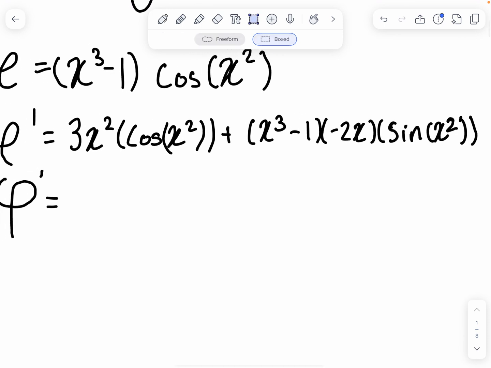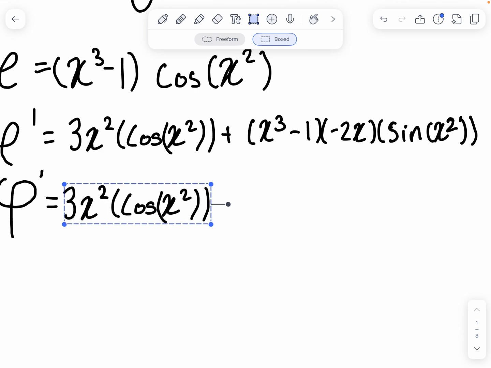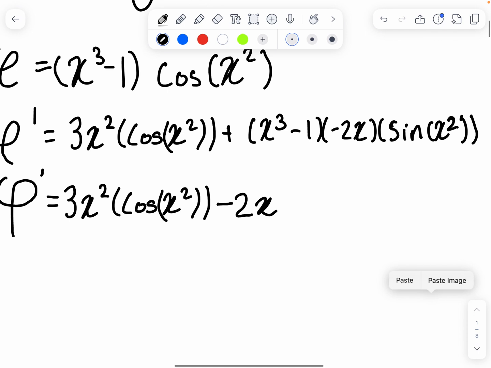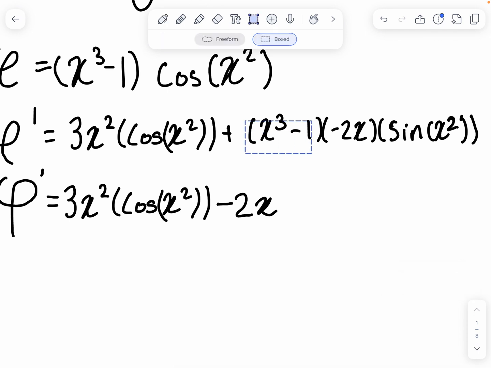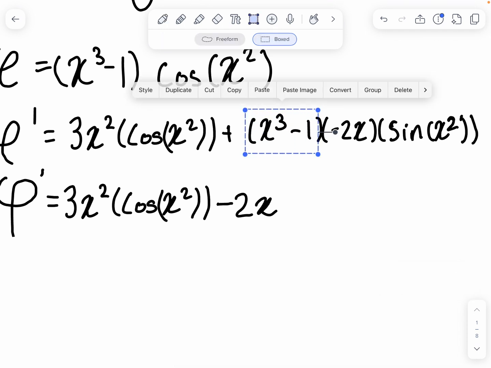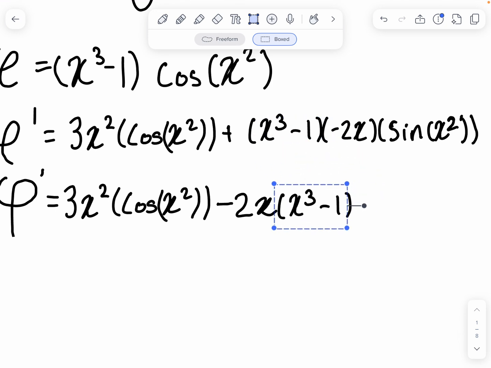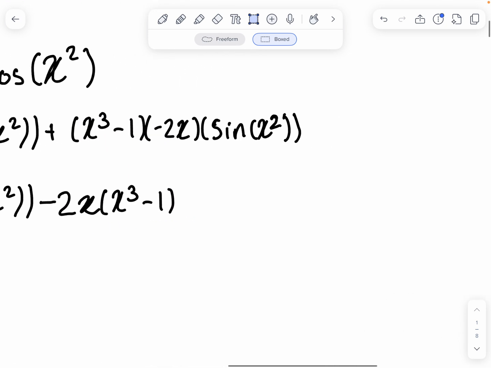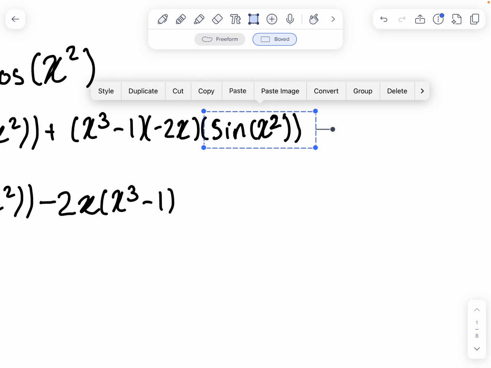In the middle, the plus sign is still there. But now we shift, we write minus 2x times sine x squared.